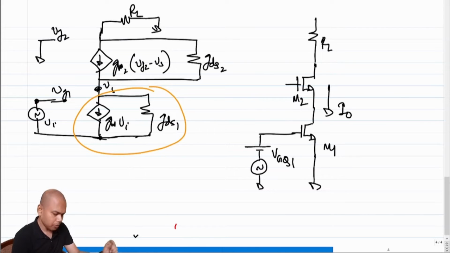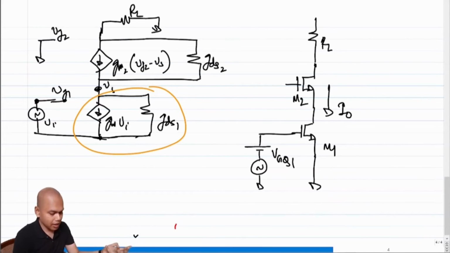Okay. So by the way, before we proceed, can you tell me who is setting the current in this stack? Clearly, the current in this stack will be set by M1.